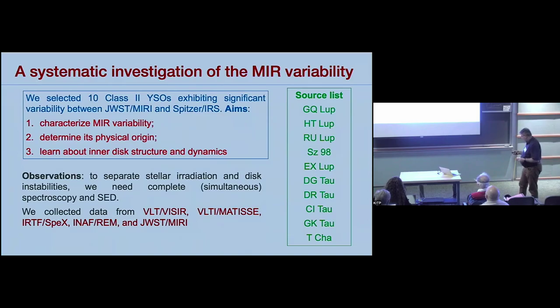And we used a lot of instruments, a lot of proposals, accepted or rejected, and the main aims were to characterize the mid-infrared variability, to determine the physical origin, why we see different fluxes and different spectra, and whether we could learn from it something about the inner disk structure and maybe even dynamics.